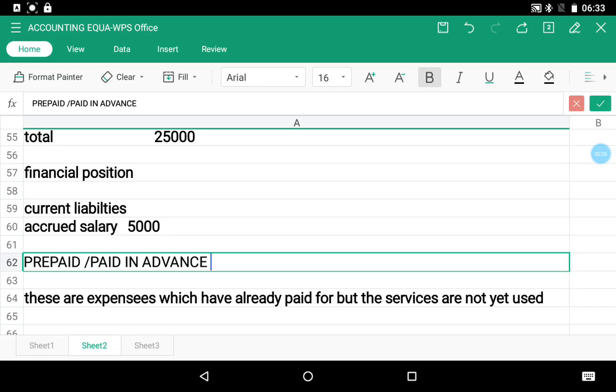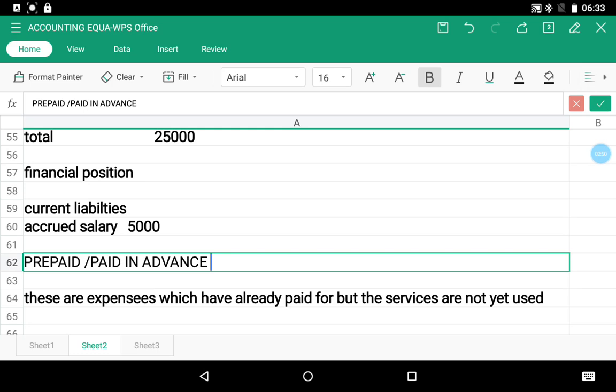Then you subtract for the period you have not yet used. If you have used 1 month, you subtract the other remaining 5 rent paid. When you are on second year, that means you remove the remaining period. So those are prepaid or paid in advance.